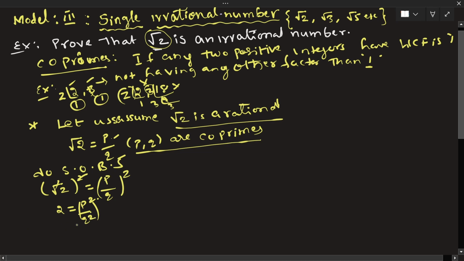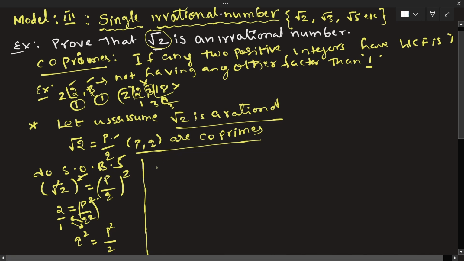Here the LHS is 2, a single number, and the RHS is p square by q square. We just interchange the numbers, 2 and q square. Then we get q square equals p square by 2. Okay, q square is equal to p square by 2.